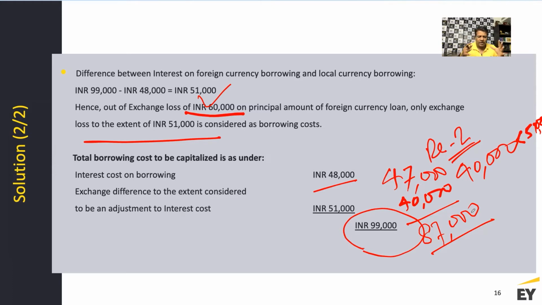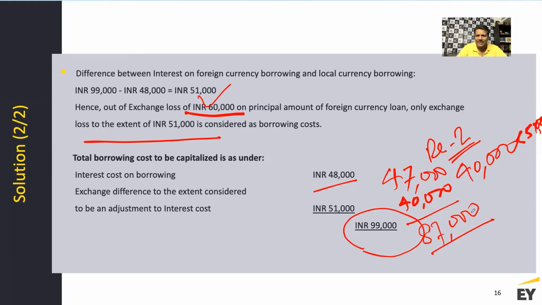That is why it was capped at 51,000, which can potentially be considered as an interest cost. However, if your actual loss was 40,000, then only up to 40,000 can be considered, not beyond. You cannot say that because I would have paid 51,000 in Indian rupees, that is eligible for capitalization. It doesn't work that way.